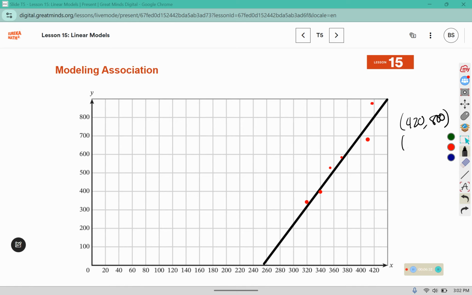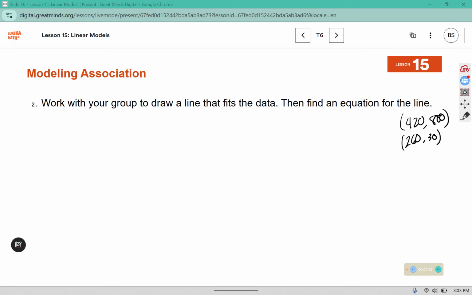You could also use the point 300, and this appears to be about 220, or perhaps 260 and about 30. Remember, these are going to be approximations because we're not super sure about the specific location of these points. So that change in the y values is going to help us find the slope.